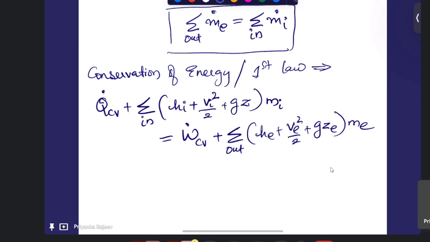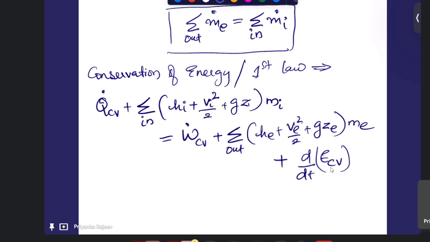Okay. Then plus change in internal energy of the control volume. Okay. Sorry, change in total energy of the control volume.